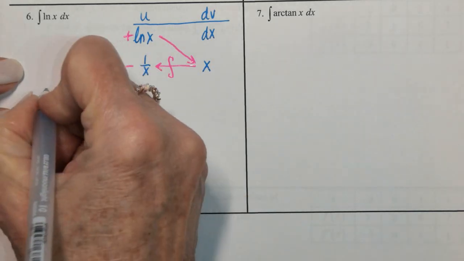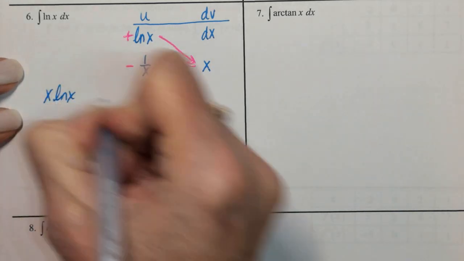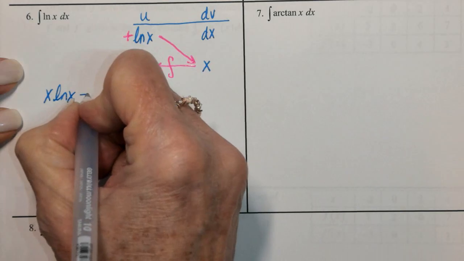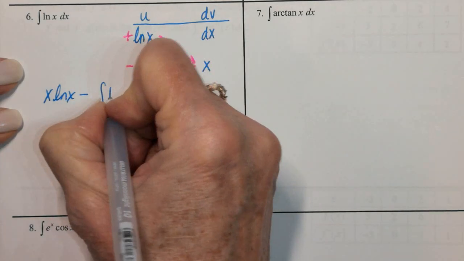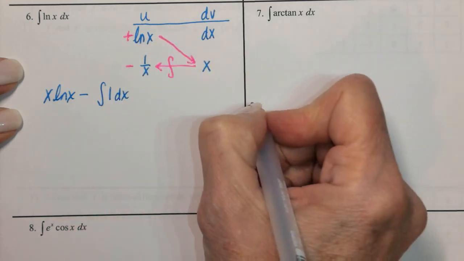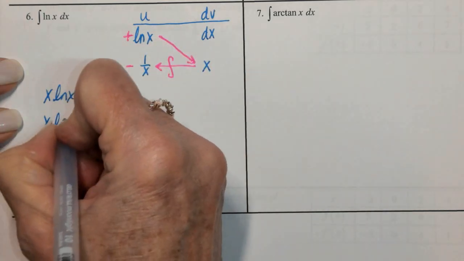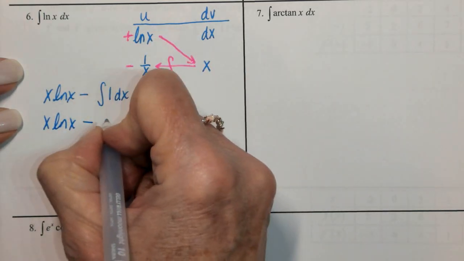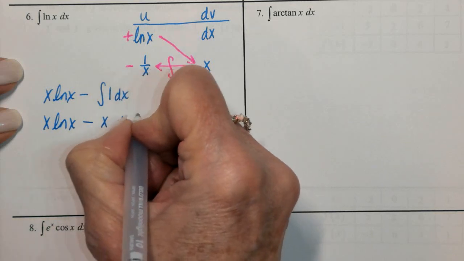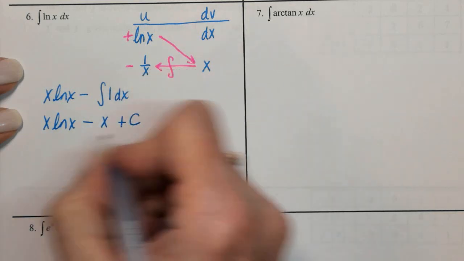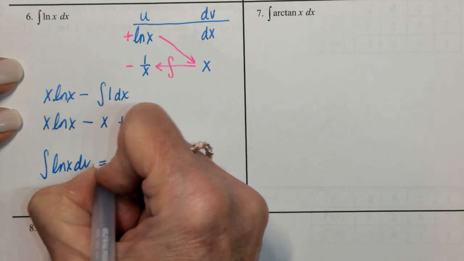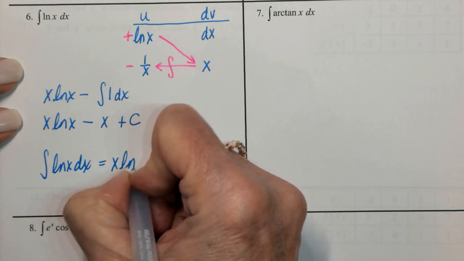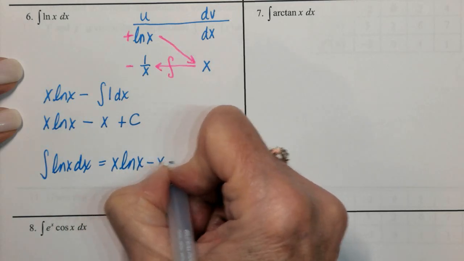So we get x ln x minus the integral of the product, 1 dx. x ln x minus x plus c. The integral of ln of x dx is x ln x minus x plus c.